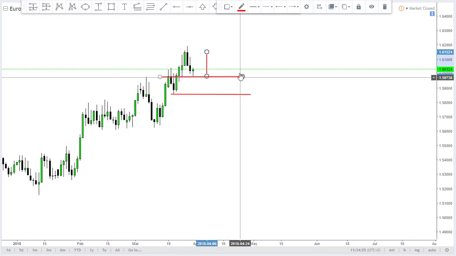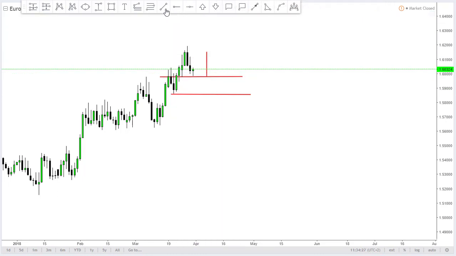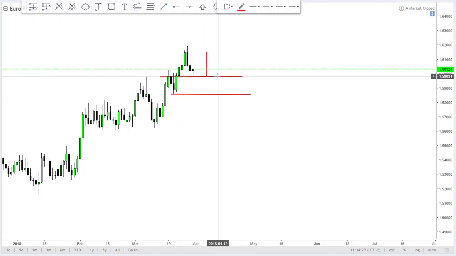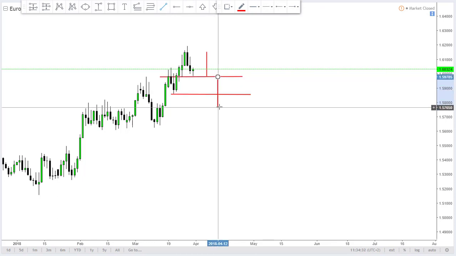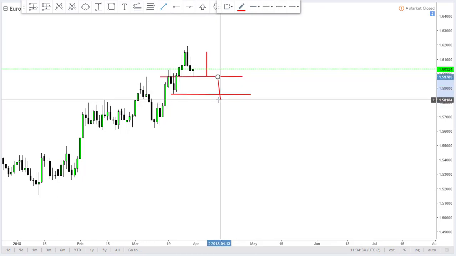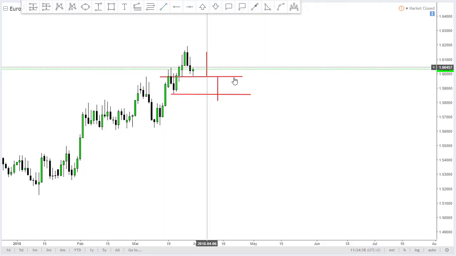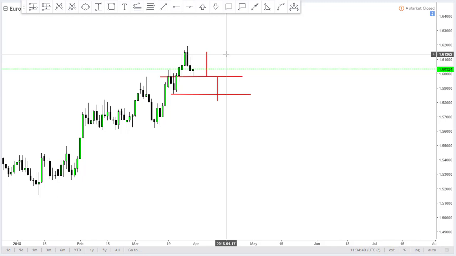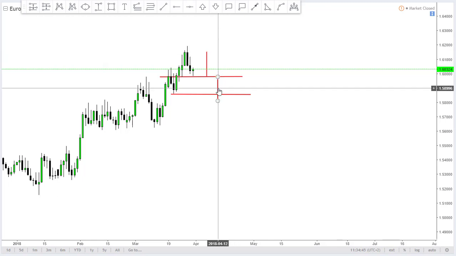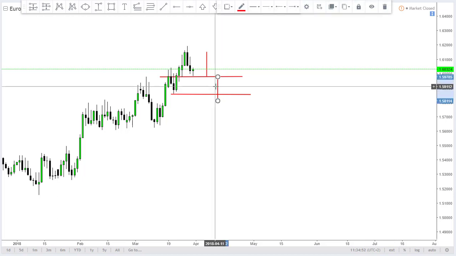Then as I look at my risk on this one, my risk has to be lower than this low right here. As we take a look right here, this is probably a 1-to-1 risk to reward, and this is not quite favorable risk to reward for me, so I'll be looking for a much deeper pullback.